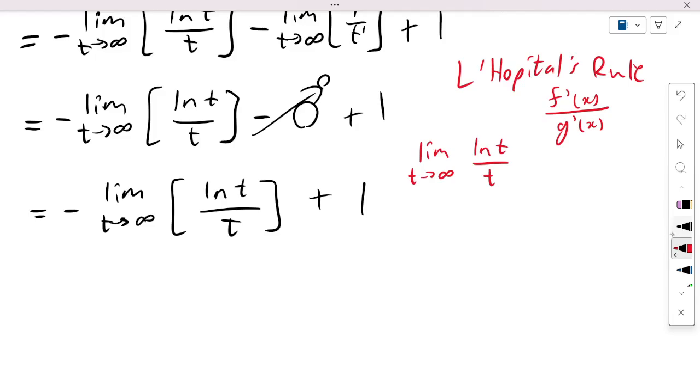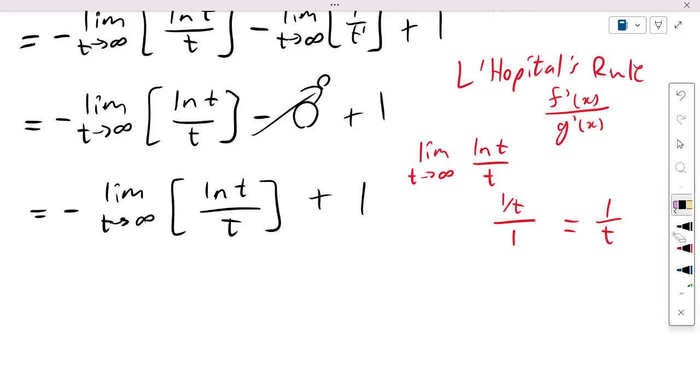So what is the derivative of natural log of t with respect to t? That's just equal to 1 over t. And this is divided by the derivative of t with respect to t, which is just equal to 1. And therefore, we'll just get an answer of 1 over t.